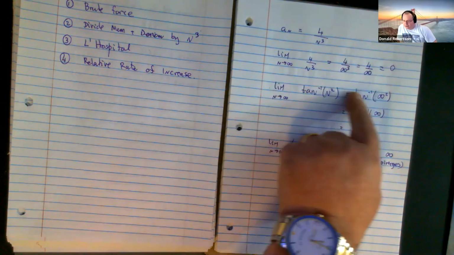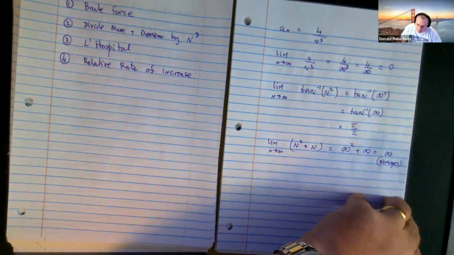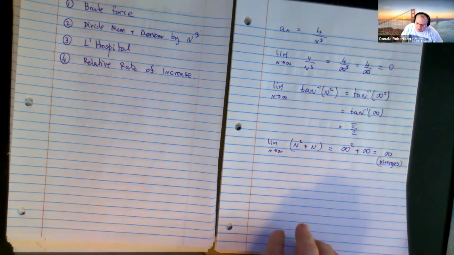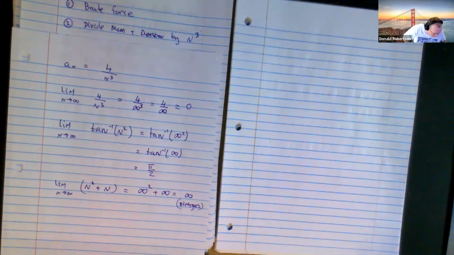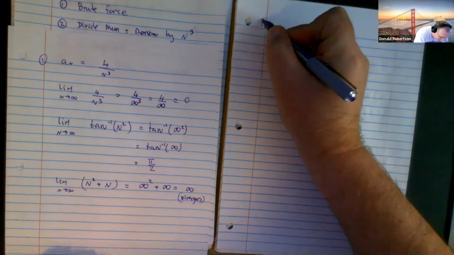Do you recognize this technique of just plugging in infinity and the result tells you if it converges to a number or 0, or it just diverges? So far, so good? Are we good? Okay, that's basically number 1.